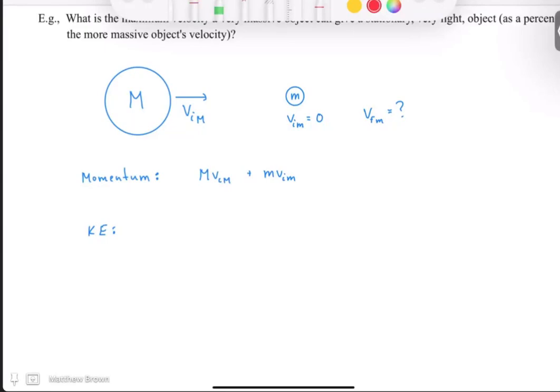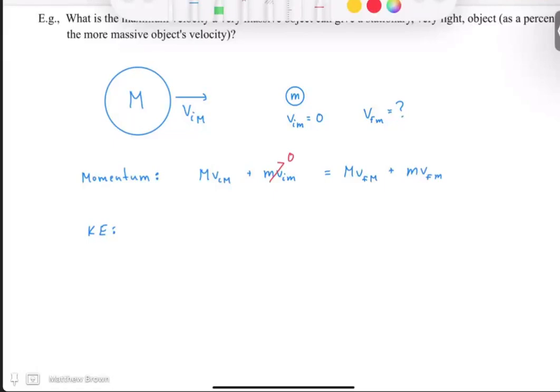And we know that this here is going to be 0. And that's going to equal big M times the final velocity of big M plus little m times the final velocity of little m. We can have that equation.